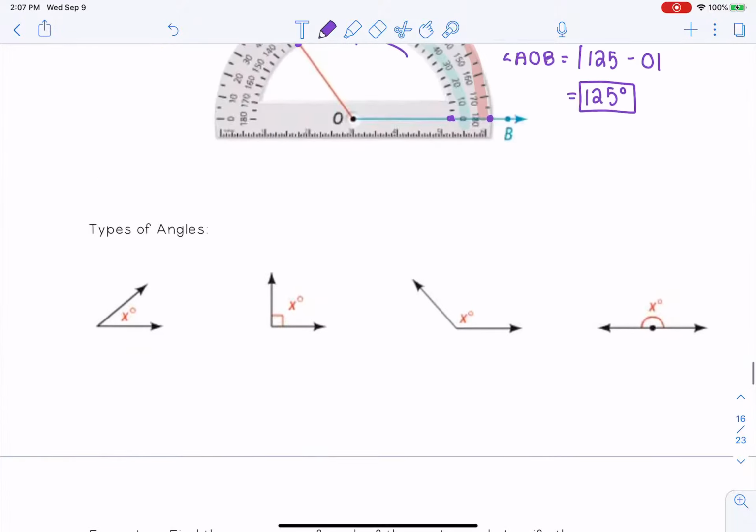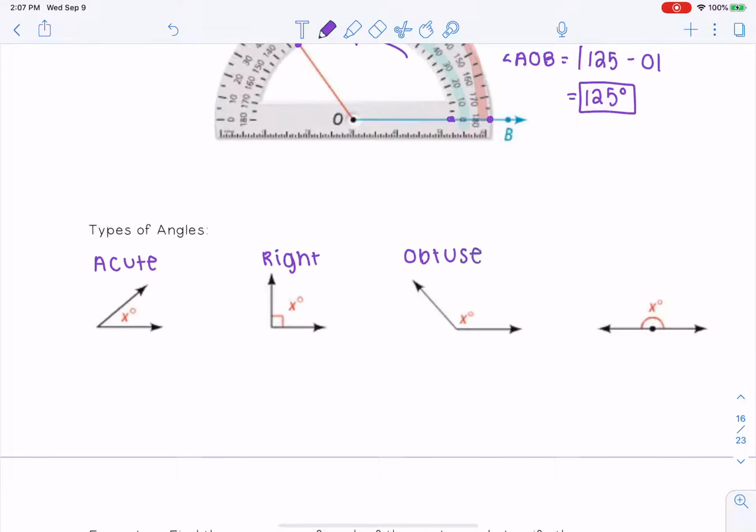Then we have different types of angles. So we have 4 types. We have acute, we have right, we have obtuse, and we have straight. So acute angles are less than 90 degrees.